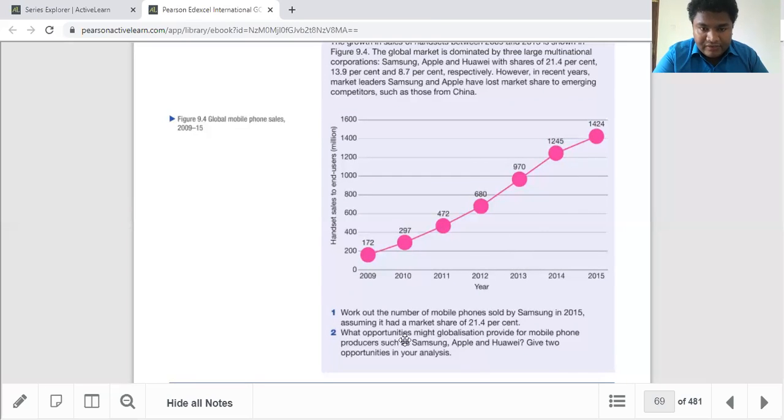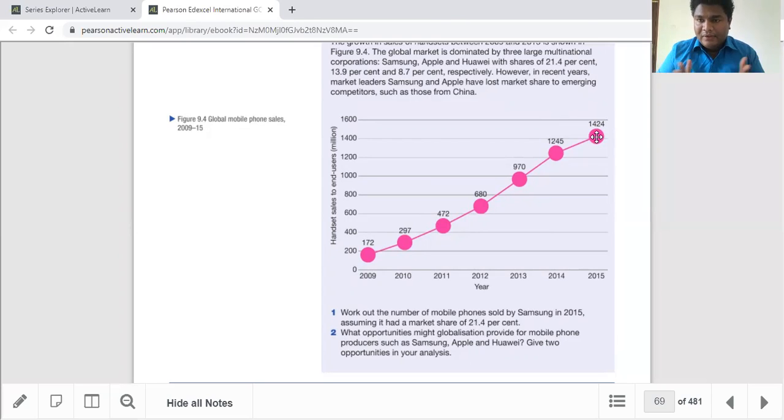They're asking to work out the number of phones sold by Samsung. So what we have to do is calculate 21.4% of 1,424 million. This is the total handset sales, and out of this total, Samsung's market share is 21.4%. So take 21.4% of 1,424.